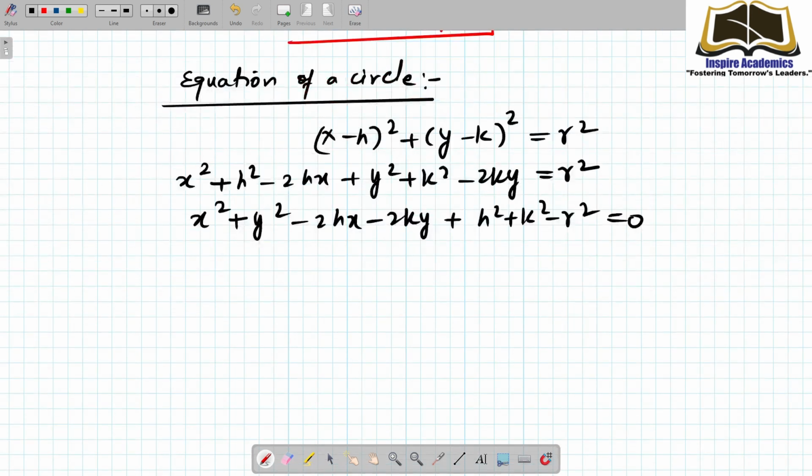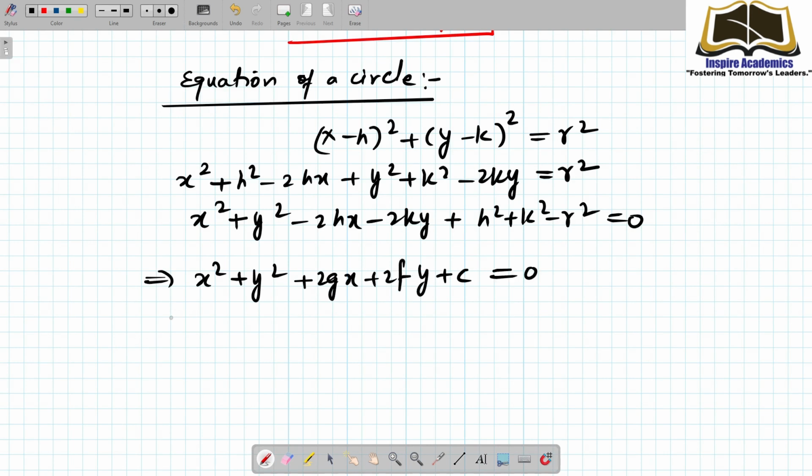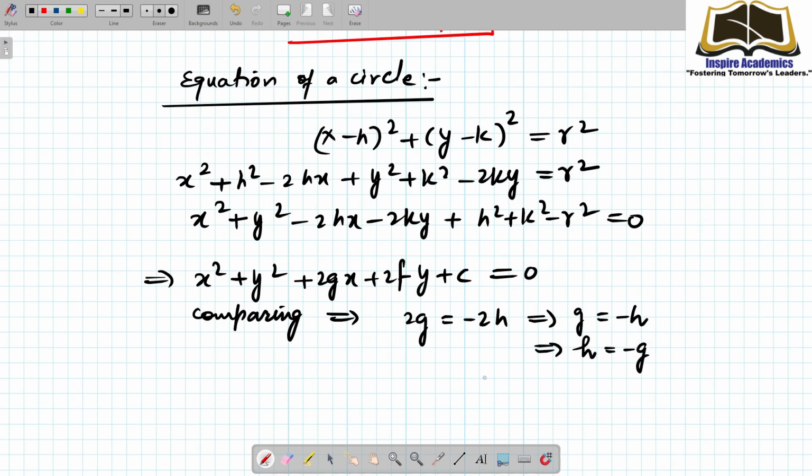Now if I put this whole equation like x square plus y square plus 2gx plus 2fy plus c equal to 0 and compare the parameters, what do we get? We get 2g equal to minus 2h. This means g is equal to minus h, or we can also say that h is equal to negative g.